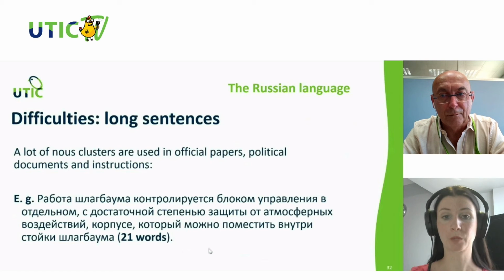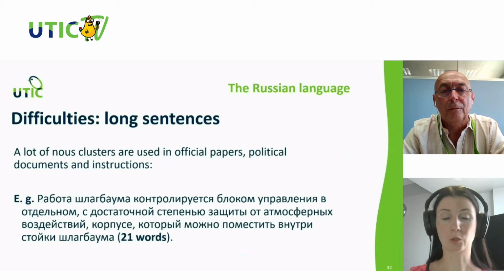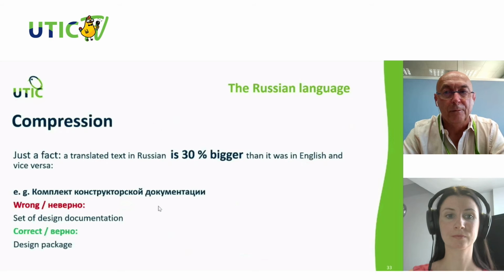Another complication is overly extended and long sentences, which you can see here in Russian. It exceeds 21 words, and while translating into English, our sentence, as we know, is reduced in size, but still it is better to process and evaluate it in Russian, to make the work while translating into English much simpler.